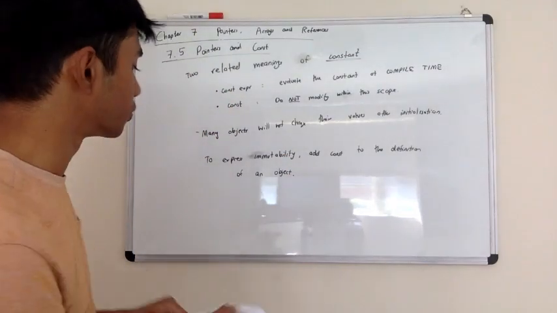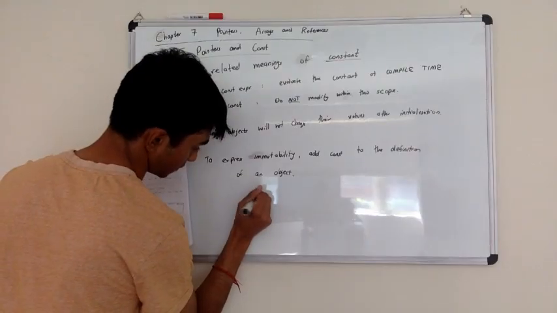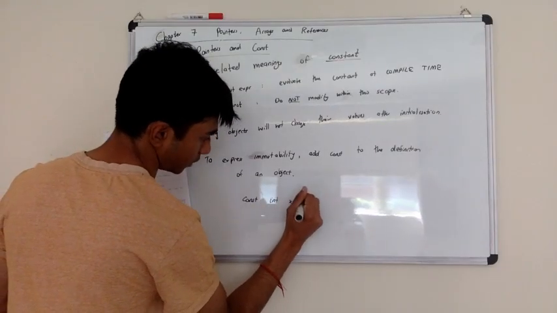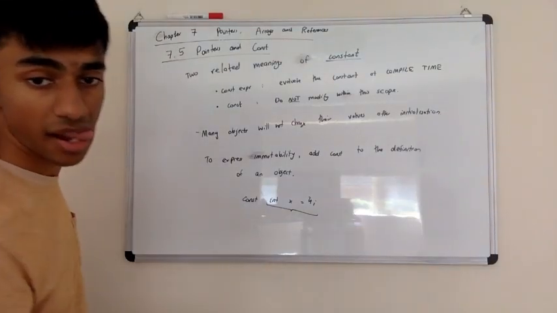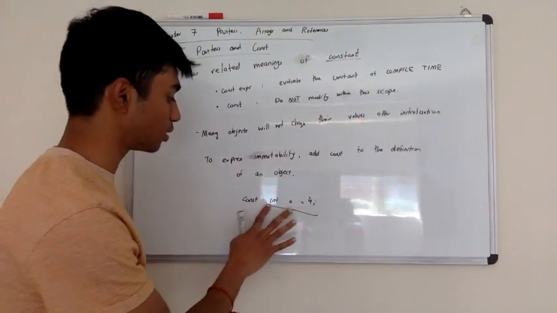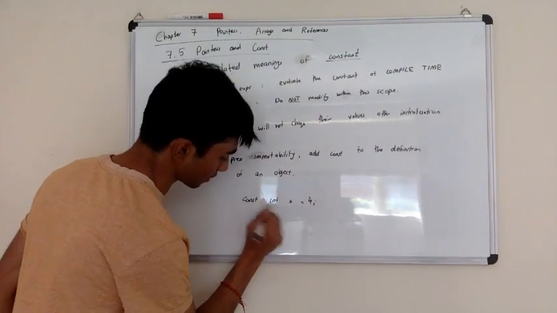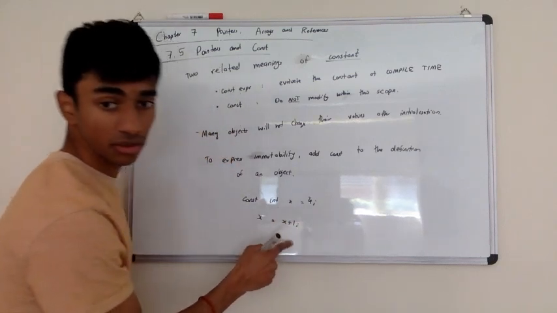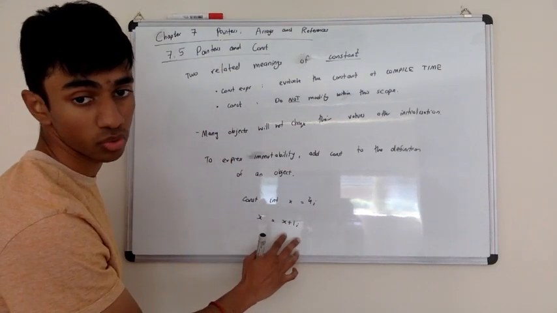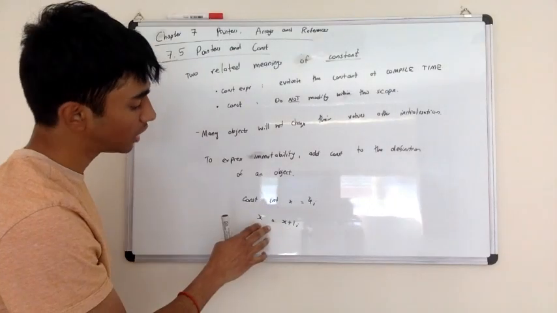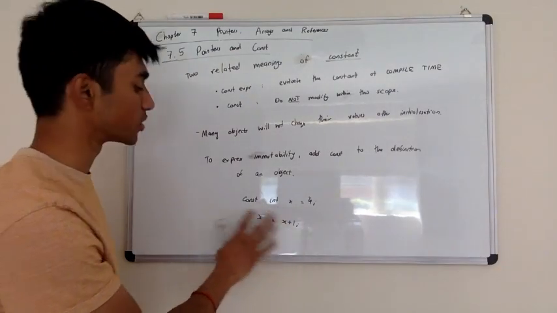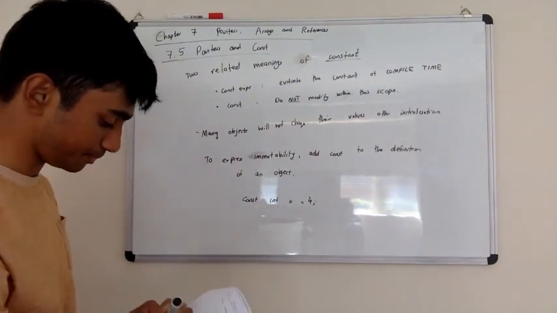So for example, we could do something like const int x equals 4. This would be our normal definition. This is what we normally write. And then the const means that the value of x is never going to change. So if we try to write something like x equals x plus 1, reassigning x by increasing it by 1, giving the value 5, this would cause an error because we're trying to change the value of a constant variable.